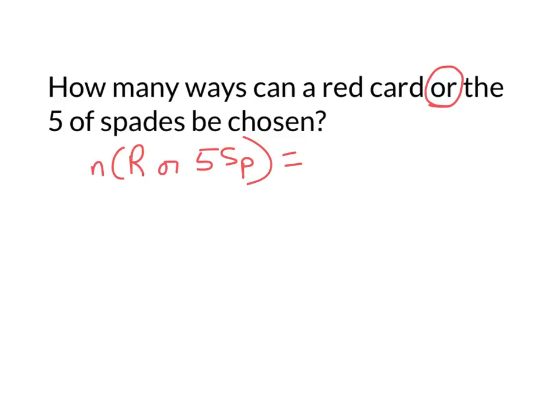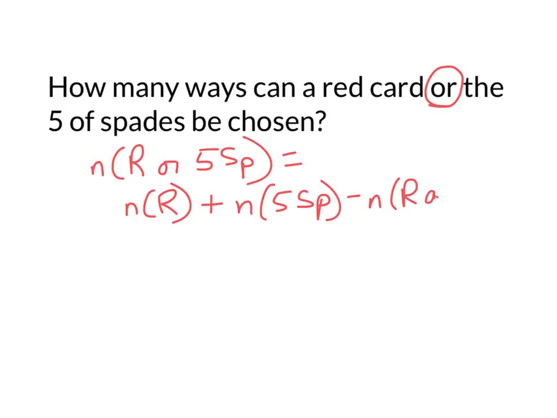How's that OR formula work? It's the number of the first, number of red, plus the number of the second, the number of 5 of spades, minus the number that are both red and 5 of spades.